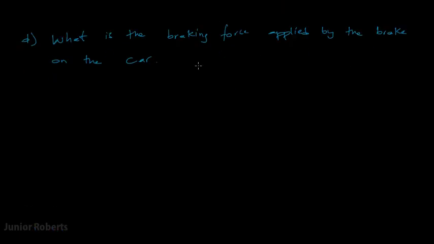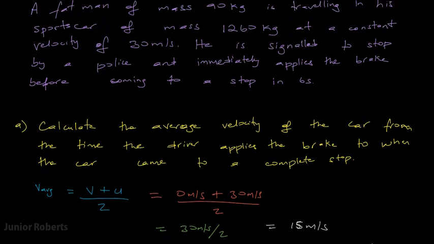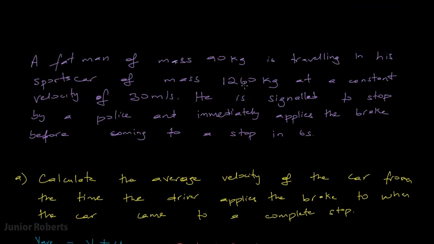Next, they say we're to determine the braking force applied by the brakes on the car. To do that, we're going to consider that the braking force F will be given by the mass multiplied by the acceleration, which in this case is the deceleration. Now, we know that the mass of the man was given as 90 kilograms and the mass of the car was given as 1,260 kilograms.